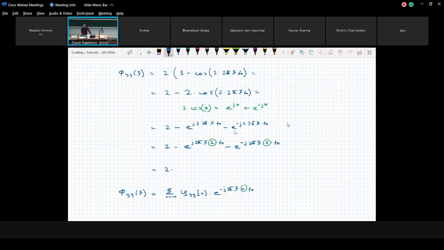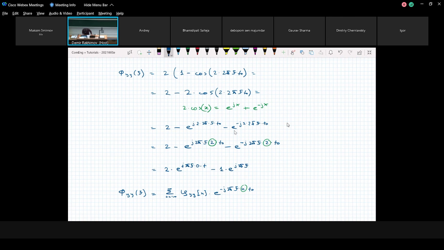Yeah, the exponential function of 0. You can say that this 2 is nothing else than 2 times the exponential function j 2 pi f times 0 times t0. And we have minus 1 times the exponential function of j 2 pi f.